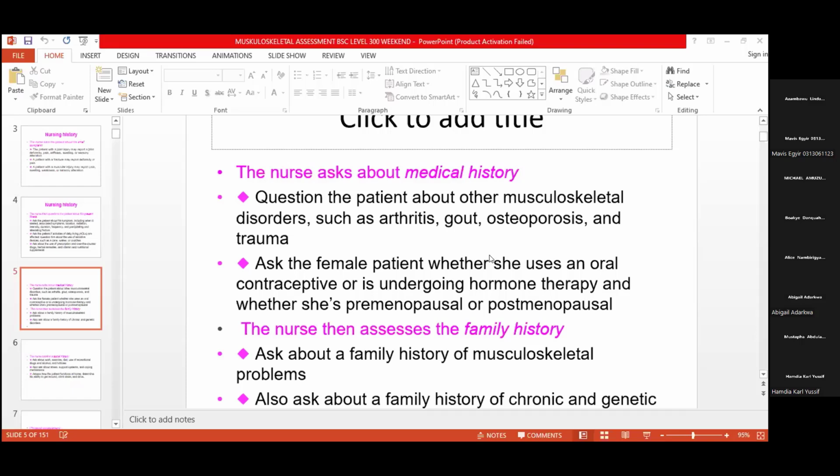Okay, so Maxwell, your submission is also good, and that is true, because once you are a female and you are getting to the premenopausal and menopausal stage, there is withdrawal of estrogen, and once estrogen is withdrawn, it affects the bone density, because estrogen has a direct effect on your calcium and vitamin D. And once estrogen is withdrawn in your menopausal stage, definitely your calcium and vitamin D levels are also going to be withdrawn.